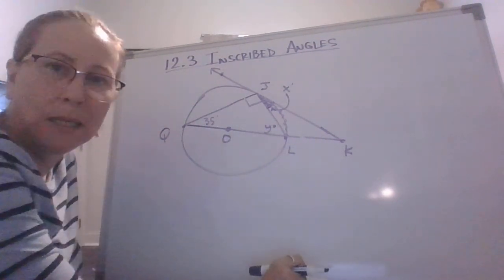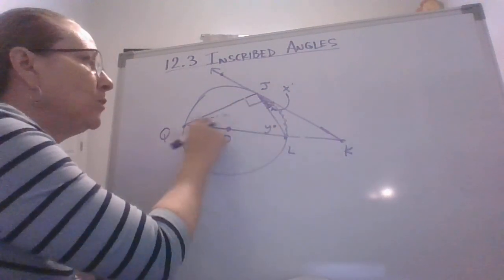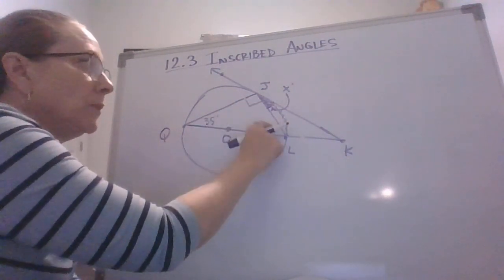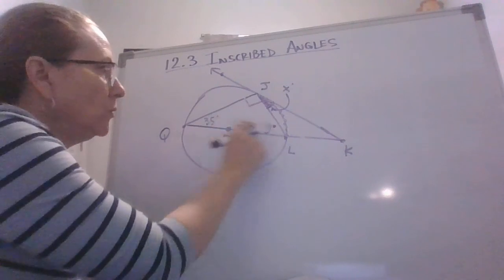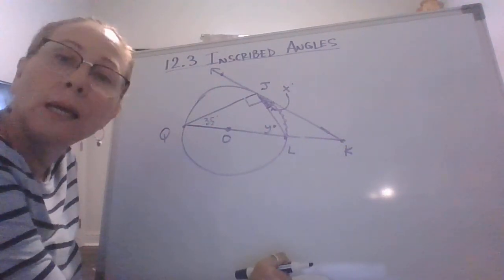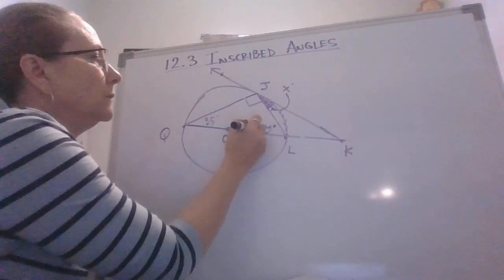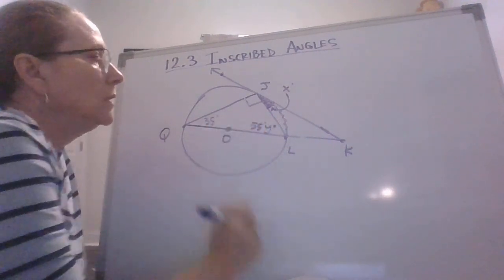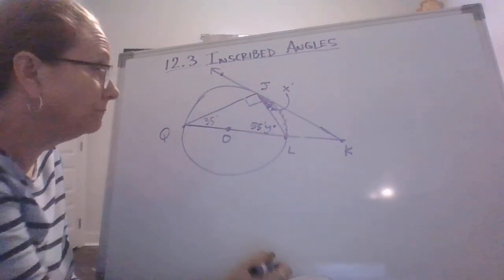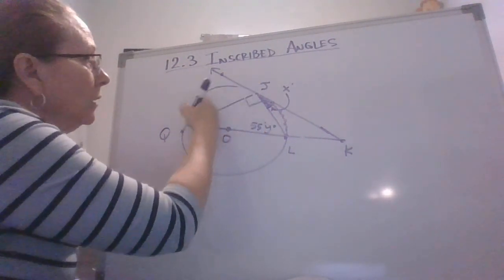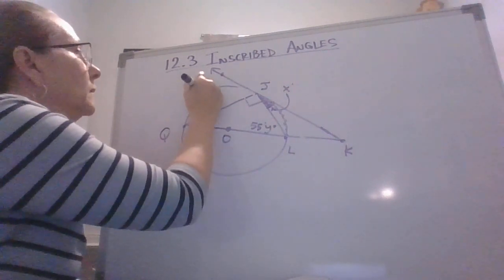So Y is pretty easy to get because 3 angles add up to 180, or these two would be complementary because that's 90. So the other two together have to be 90. 90 minus 35 is 55. So if Y is 55, this arc here is 110.